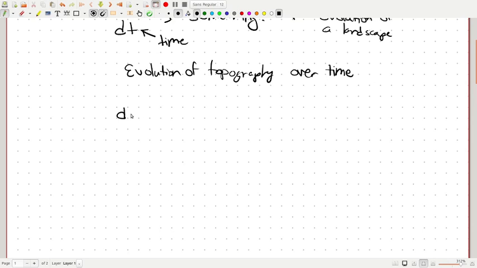So we're going to have something like dz over dt from a hill slope being equal to some term k sub h times d squared z over dx squared. So this is hill slope diffusion.